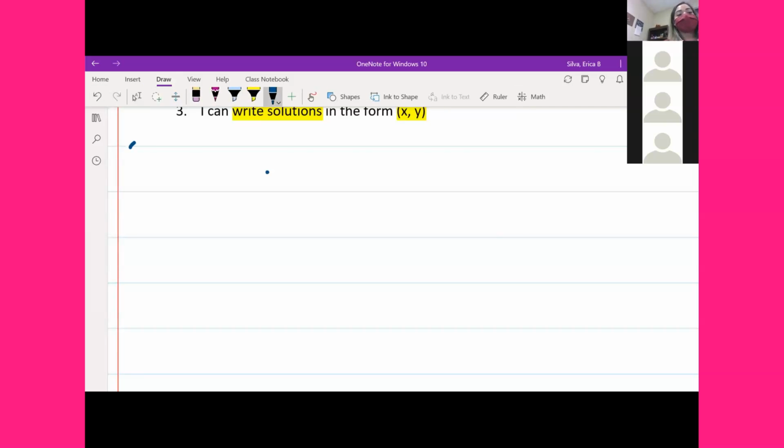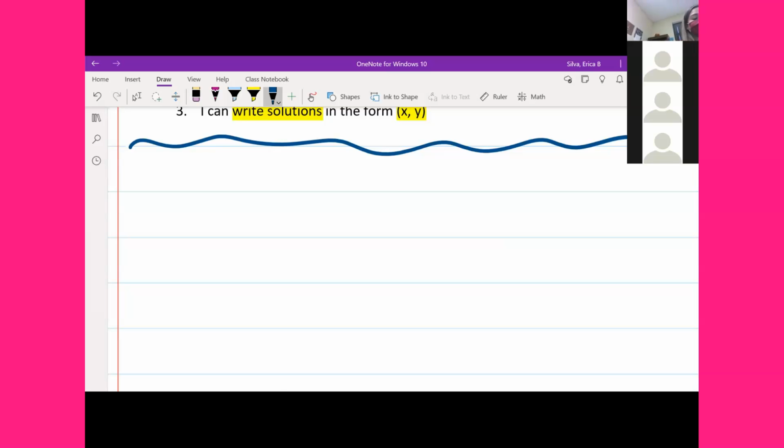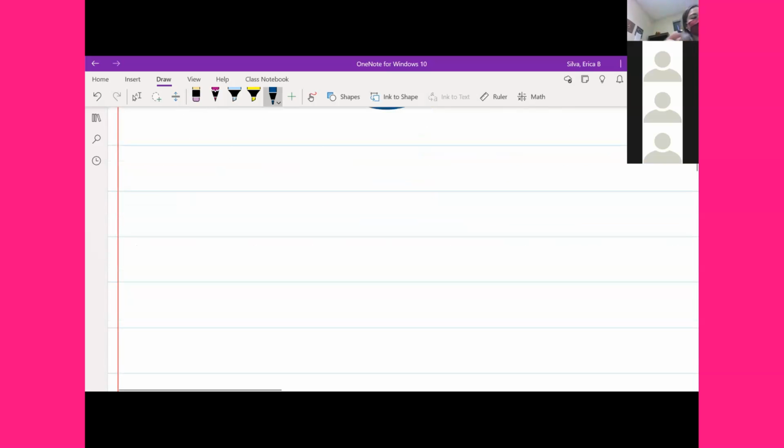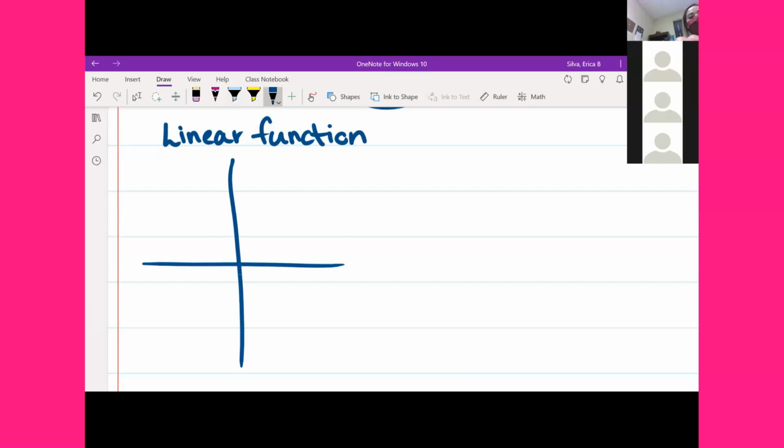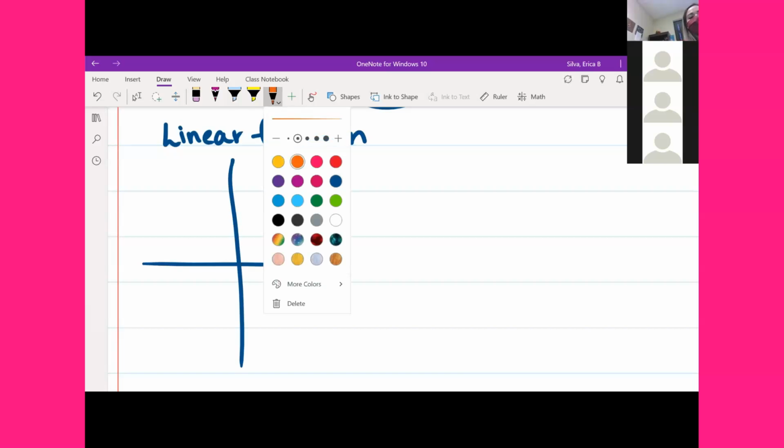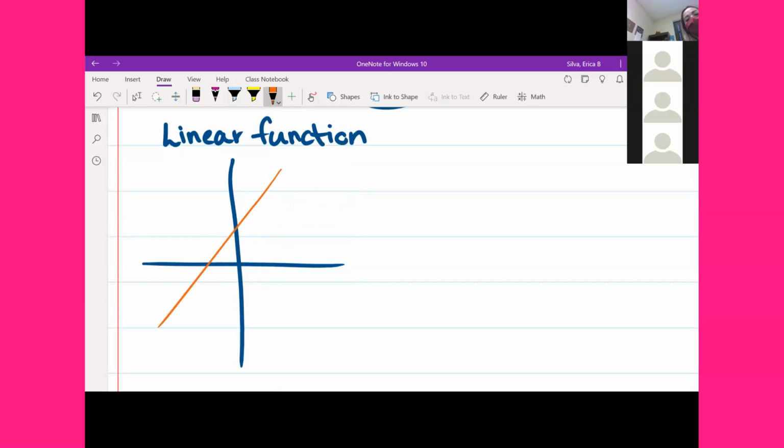So we've already looked at systems of equations. Now we're going to look at a quadratic linear system. When we sketch a linear function, all it looks like is a line, and line is in linear.